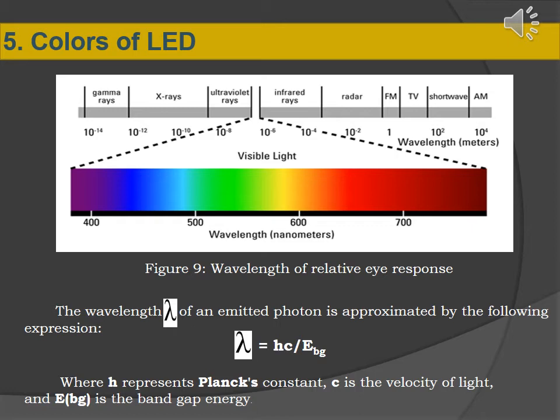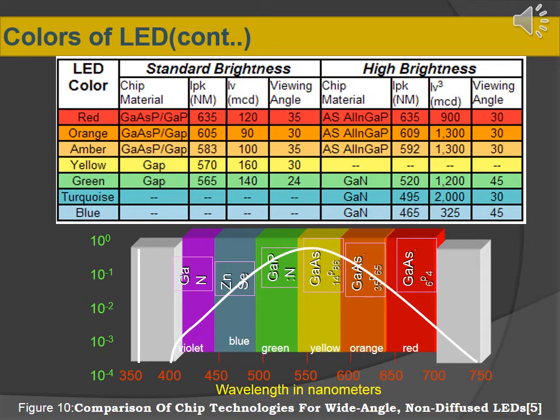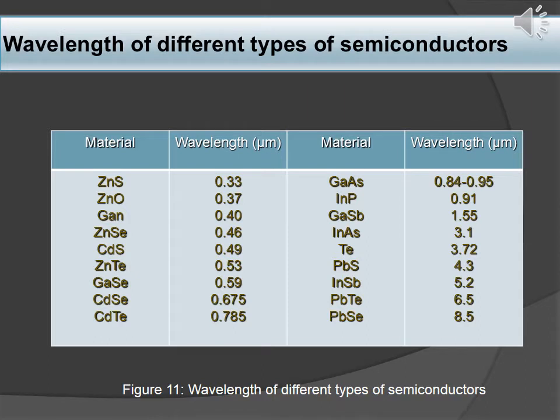Slight changes in the composition of these alloys change the color of the emitted light. In figure 10 we can see the comparison of chip technology for wide angle and non-diffused LEDs. In figure 11 we can also see the wavelength of different types of semiconductors.